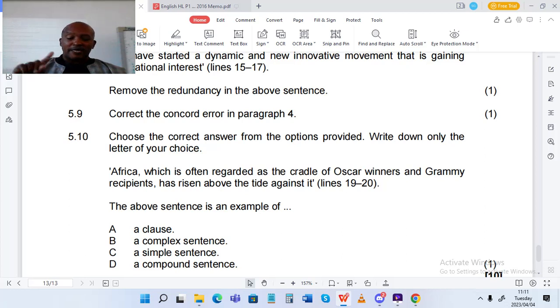Compound: Kathy hates maths, but she loves running. Let's fix that quickly. Kathy hates maths. Can you hear the word hates? That's your verb number 1. She loves running is sentence number 2, or clause number 2. It has a verb in there. So you can see that's compound. We've compounded the two together.